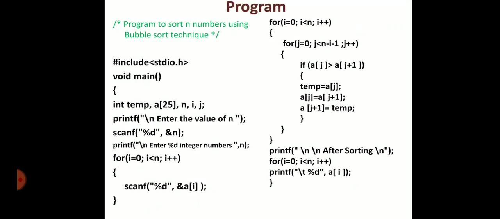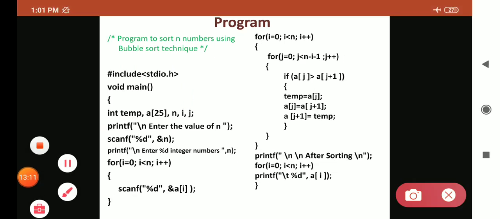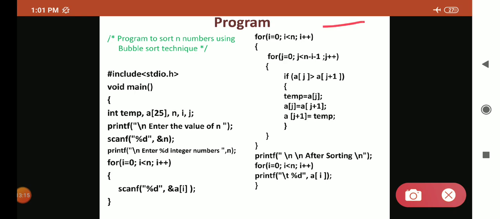Well, now let us go to the next part of this code. There are 2 for loops we are using. This for loop, for i is equal to 0, i less than n, i plus plus, will indicate the pass number. So if i is equal to 0, it means it is in the first pass and so on. Again, in every pass, say in the first pass, there will be a number of comparisons.